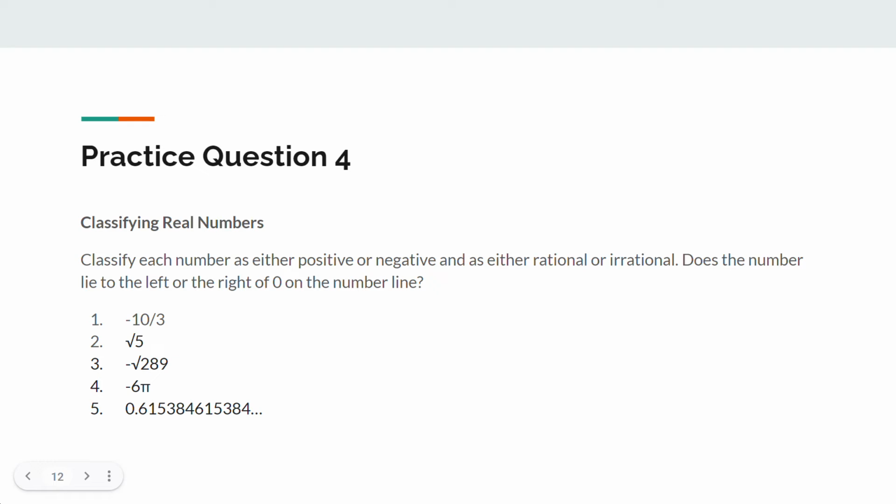And the last question, classifying real numbers. Classify each of the following numbers as either positive or negative, and as either rational or irrational. Does the number lie to the left or the right of 0 on the number line? I think it shouldn't be too hard, and I'll give you about 30 seconds to work on these, starting from now.